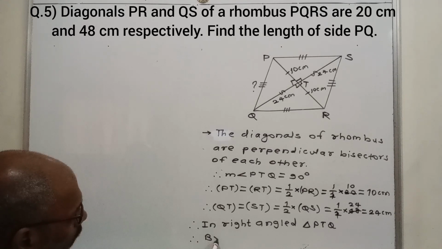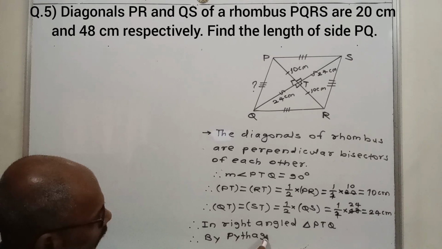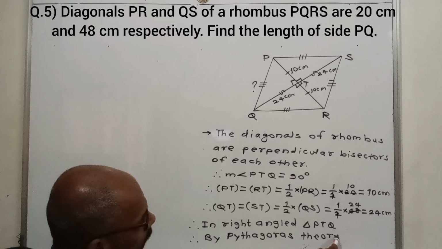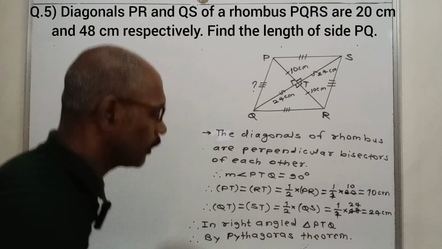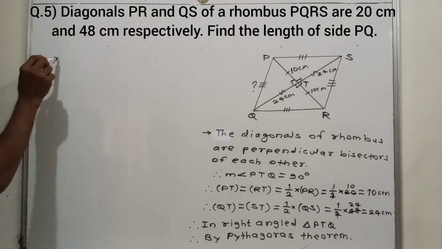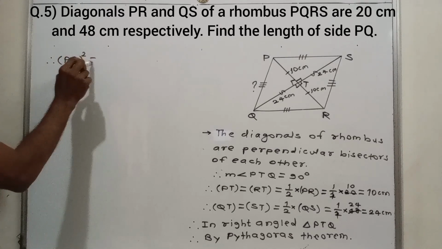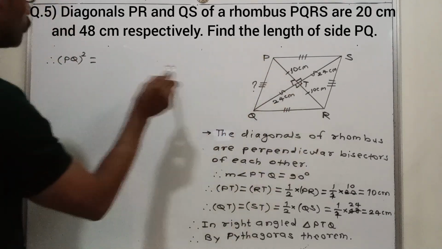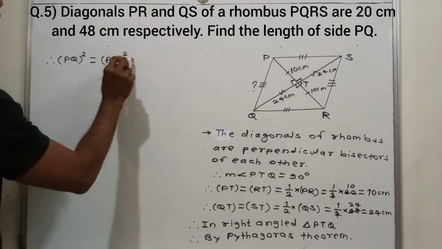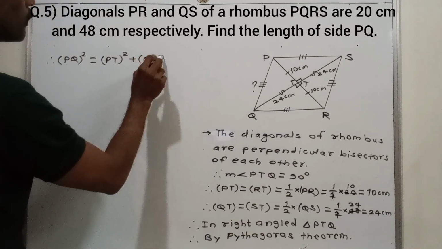Therefore, by Pythagoras theorem, in right angle triangle PTQ, PQ square is equal to PT square plus QT square.